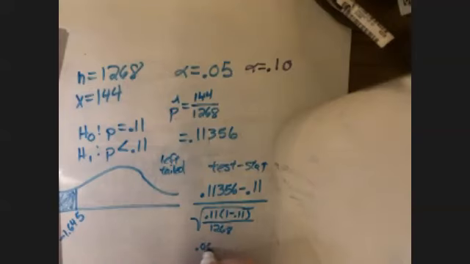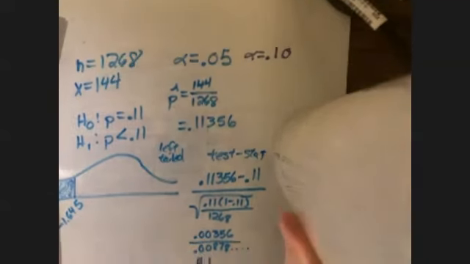We're at 0.00356 divided by 0.00878, and so on. Doing that division, I get 0.41.